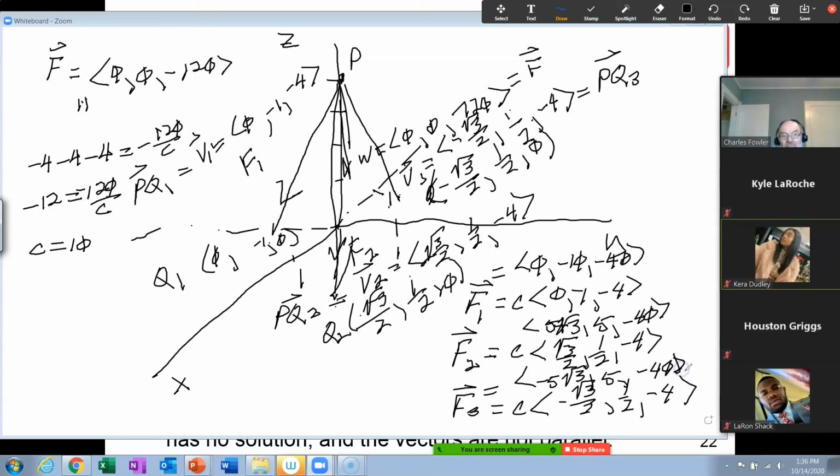It should be an angle bracket. Goodness gracious, I'm losing it fast. So 0, minus 10, minus 40, 5 root 3, 5, negative 40, and negative 5 root 3, 5, negative 40.